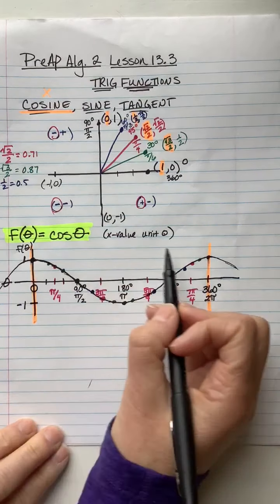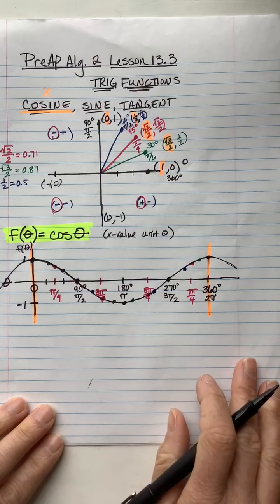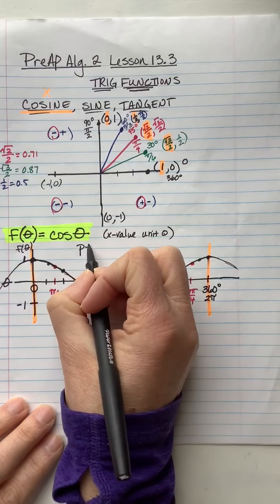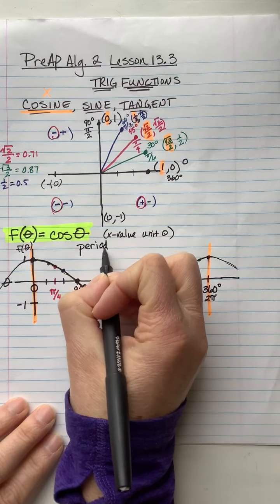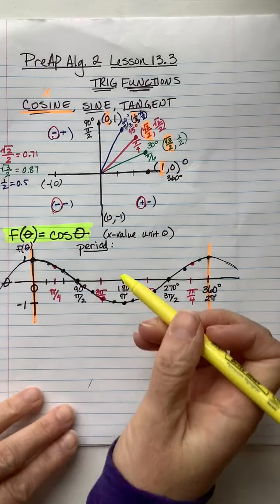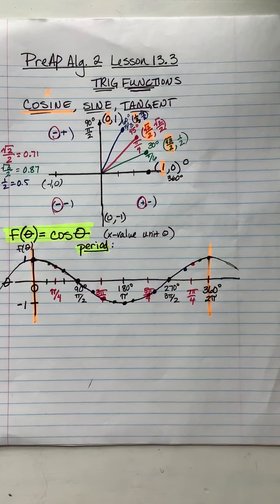As I look at this parent for cosine, one thing that we can discuss about the parent for our trig functions is something called the period. When we discuss the period for one trig function, we are talking about the time that it takes for one full wave to unfold.